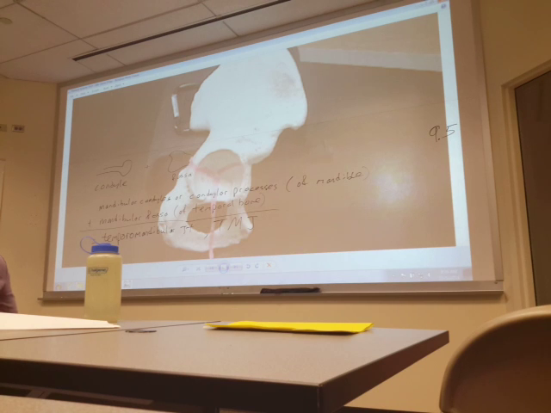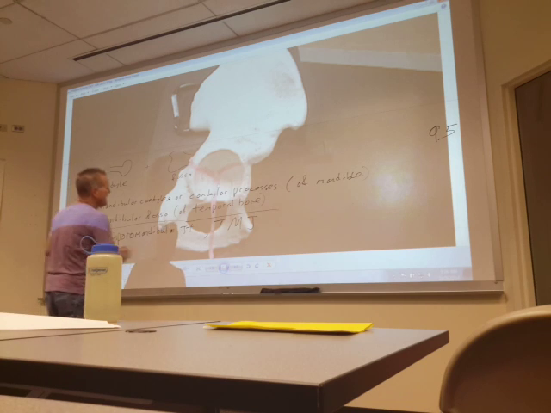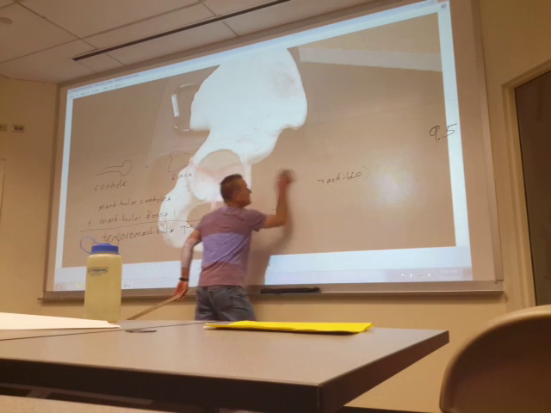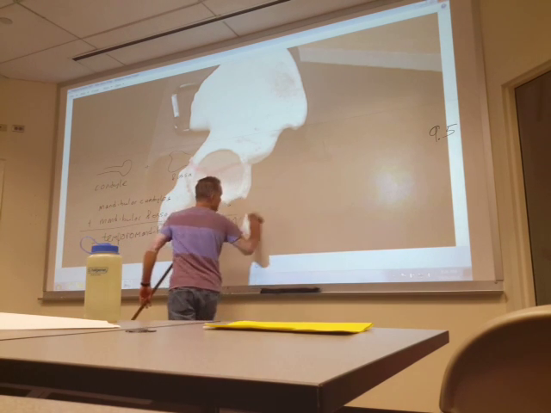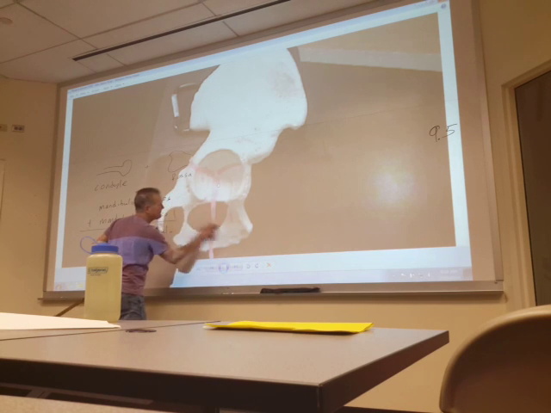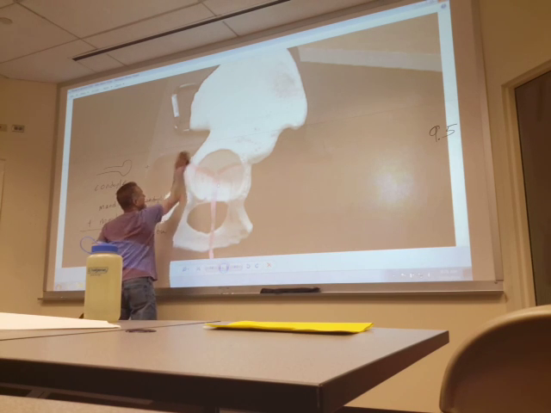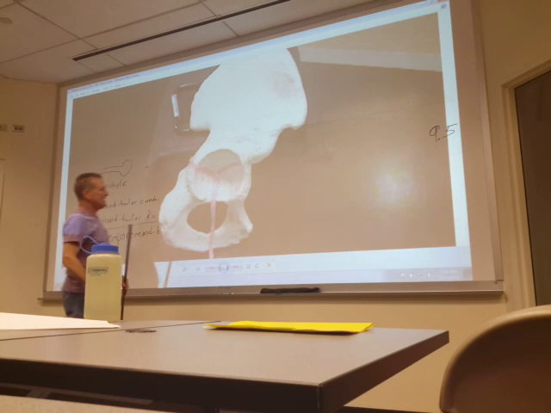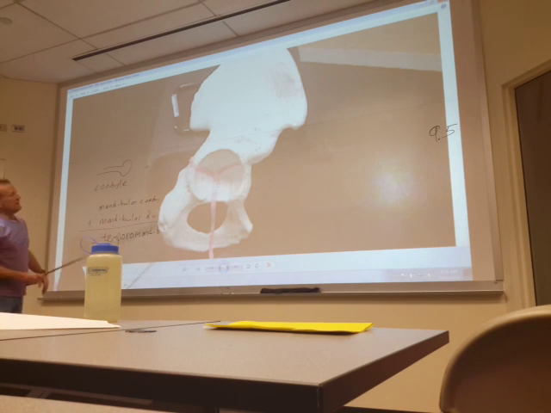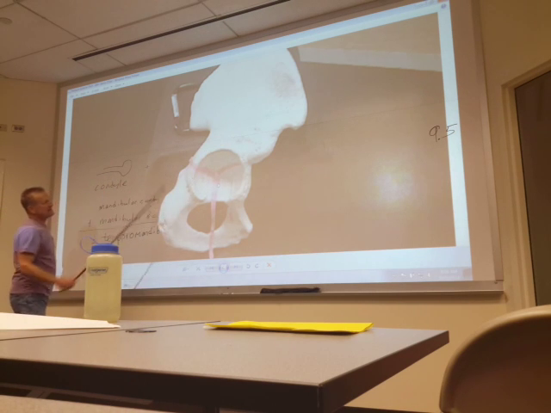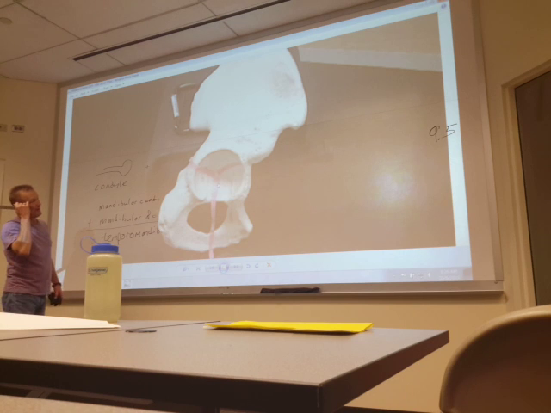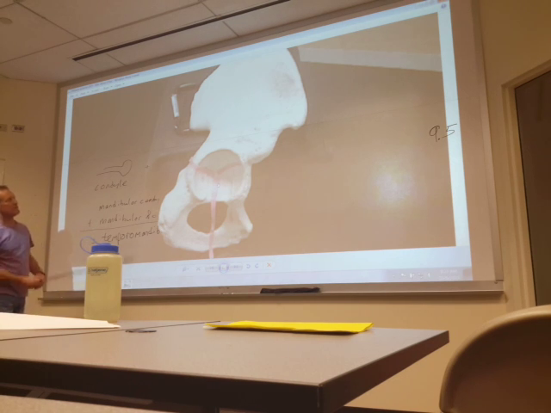The pink tape or whatever is there because we're looking at an os coxa. Os coxae would be plural, your right and left os coxae. Put an E on the end, makes it plural. But an os coxa is actually formed by 3 bones. You see this laid out in your bone chart.